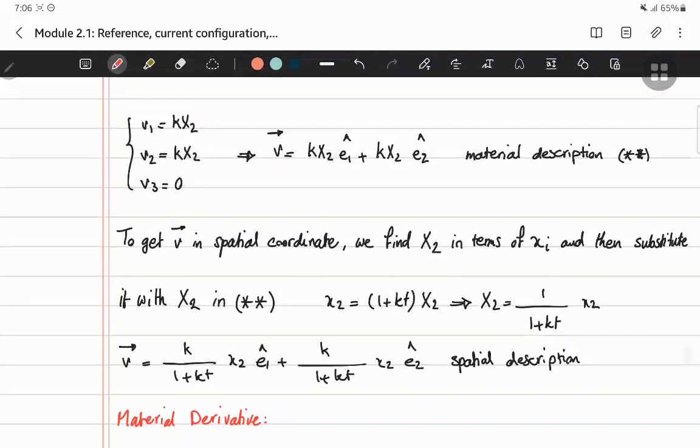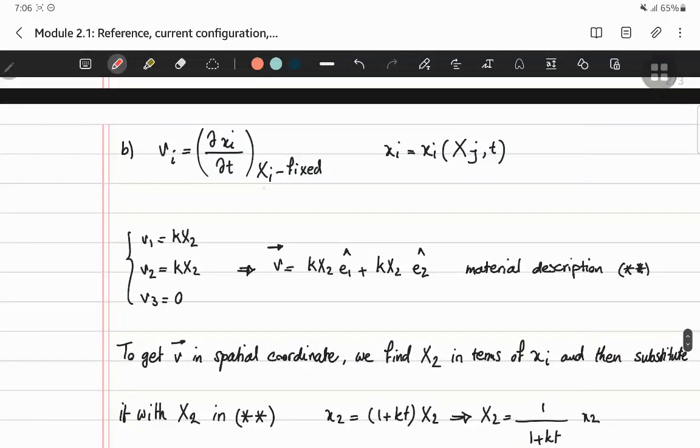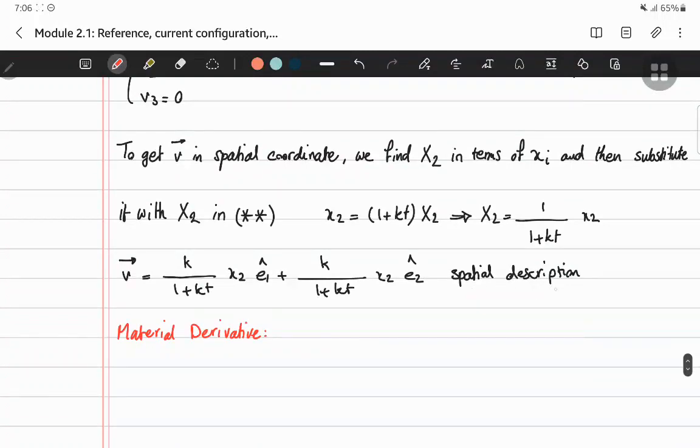In the material description, it was quite easy because we had the derivative of our coordinates with respect to time, but in the spatial description, it was not that easy and straightforward. So we're going to establish a relation where we will be able to calculate these derivatives with respect to the spatial description.